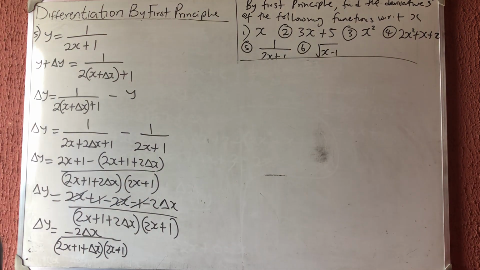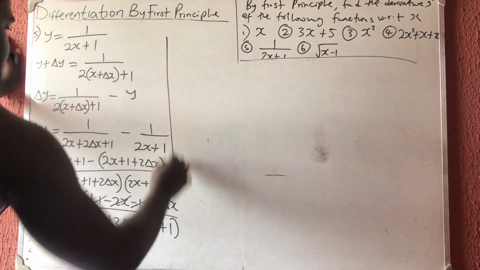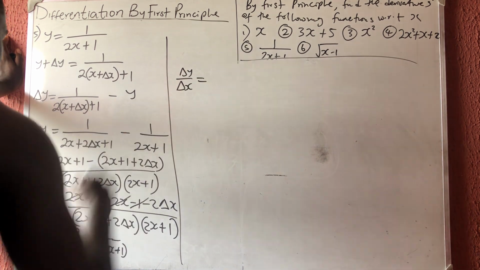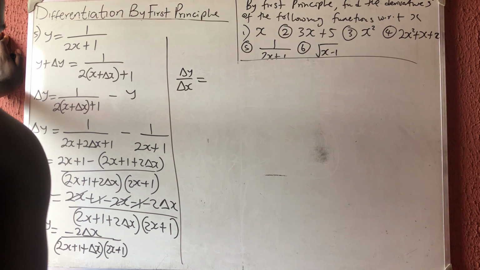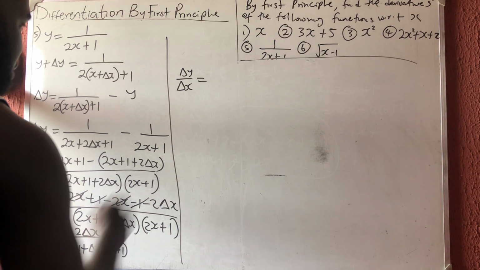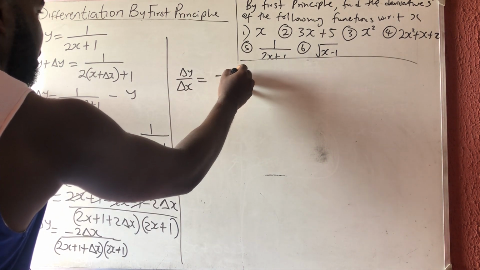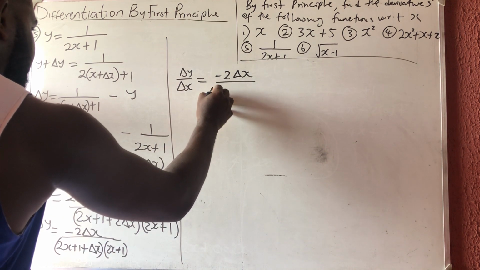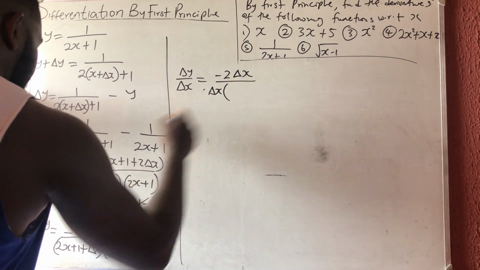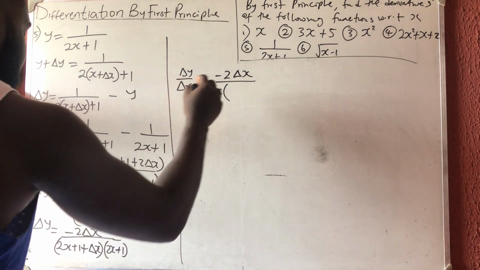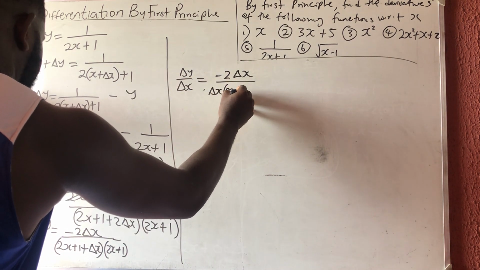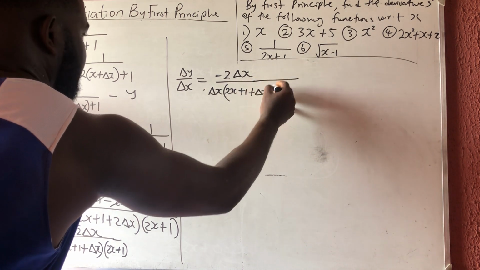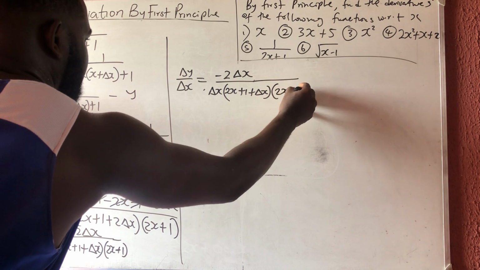If I divide by change in x, I'm going to have that change in y over change in x is equal to minus 2 change in x all over what? Change in x in bracket of all these people, because I'm dividing with change in x. So in bracket of 2x plus 1 plus 2 change in x, then into 2x plus 1.